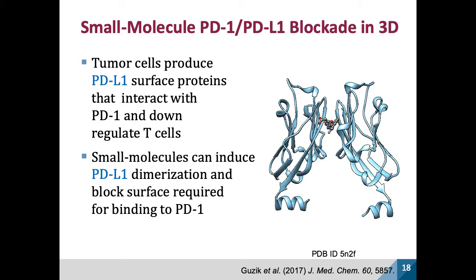The mechanism of action strategy that was pursued by the team at BMS was to identify small molecules that cause dimerization of PDL1 on the surface of the tumor cell such that it couldn't interact with PD1, because the part of the molecular surface that's necessary for the interaction with PD1 was occluded. And that's what you see in this rendition here. You can see the small molecule sitting in the middle of the dimer interface between the 2 copies of the apical domain of PDL1, and thereby precluding the possibility of engagement with PD1.